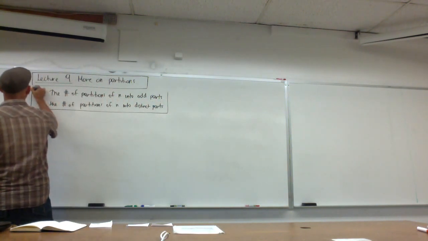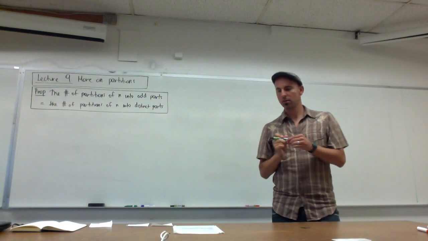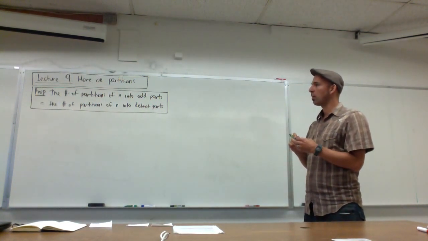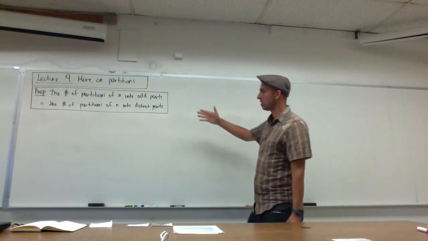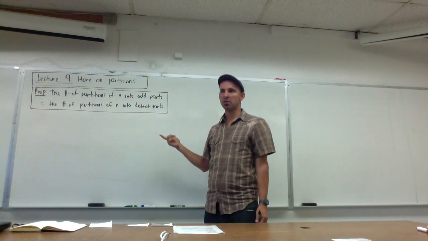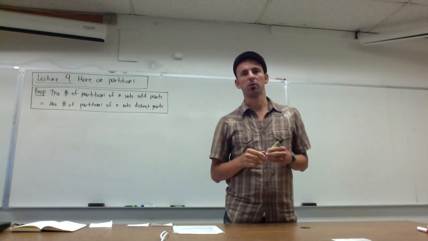I wanted to start today by showing you a similar identity. And actually, let me remind you that we gave a couple of proofs of this identity. One was using power series, and the other one was giving a bijection where base 2 played a very important role.